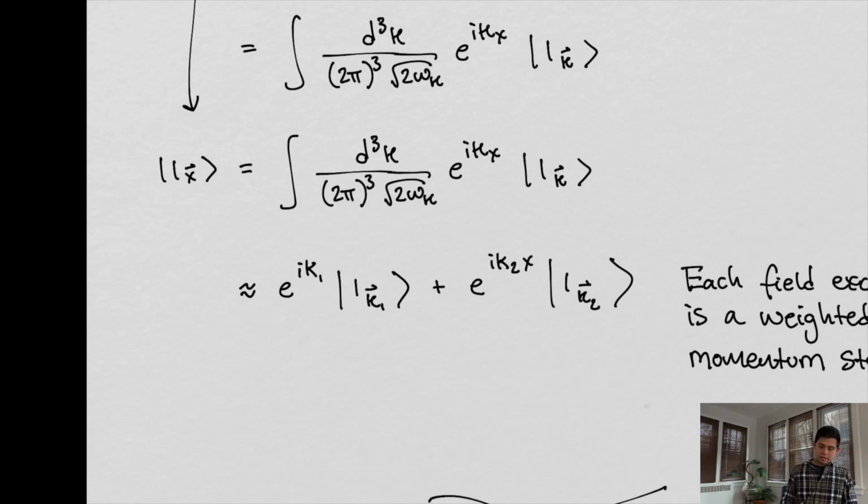So what does this look like? We essentially are summing over multiple momentum states, and when we do that, we get this factor here, right? But I'm omitting that, and we're taking a look here. We have this exponential multiplied by the state, one particle state, the second exponential multiplied by the single particle state.